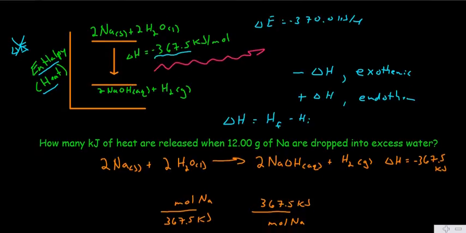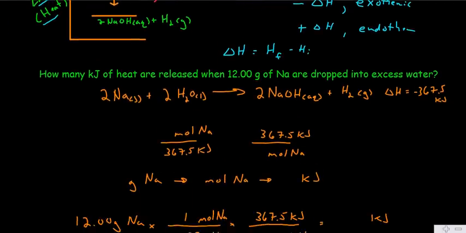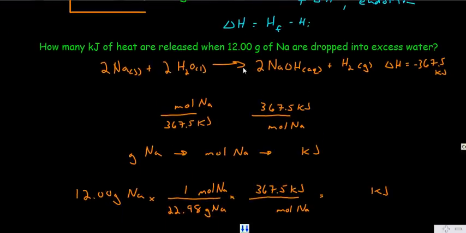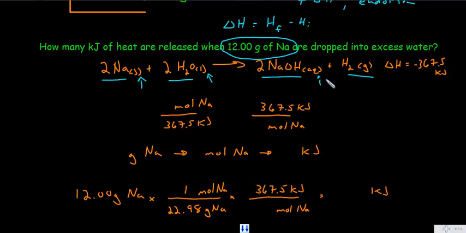So let's see, how many kilojoules of heat are released when 12 grams of sodium are dropped into excess water? So you can see that we have that reaction written out yet again, and we're being careful to show the states of matter here. They're very important in our calculations. And we, at the right, show delta H is equal to negative 367.5 kilojoules per mole.